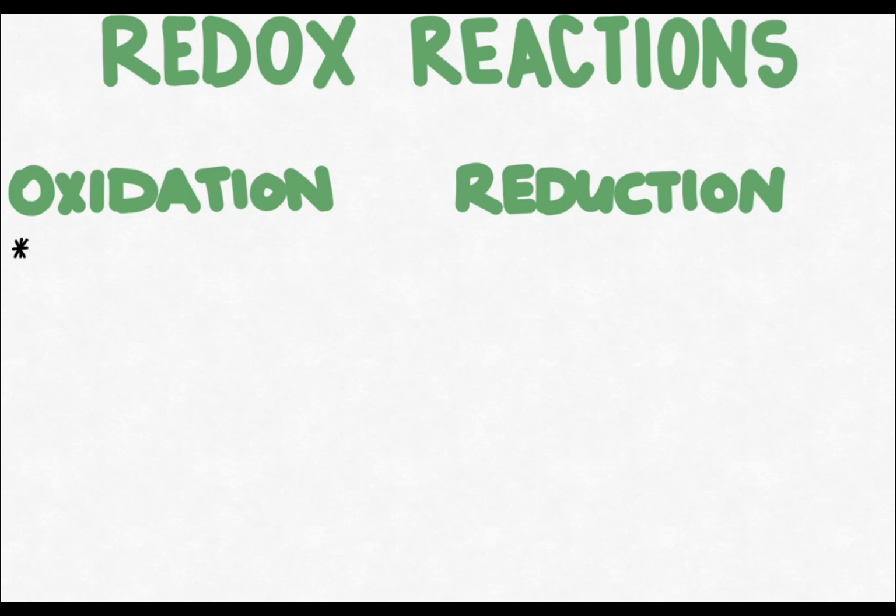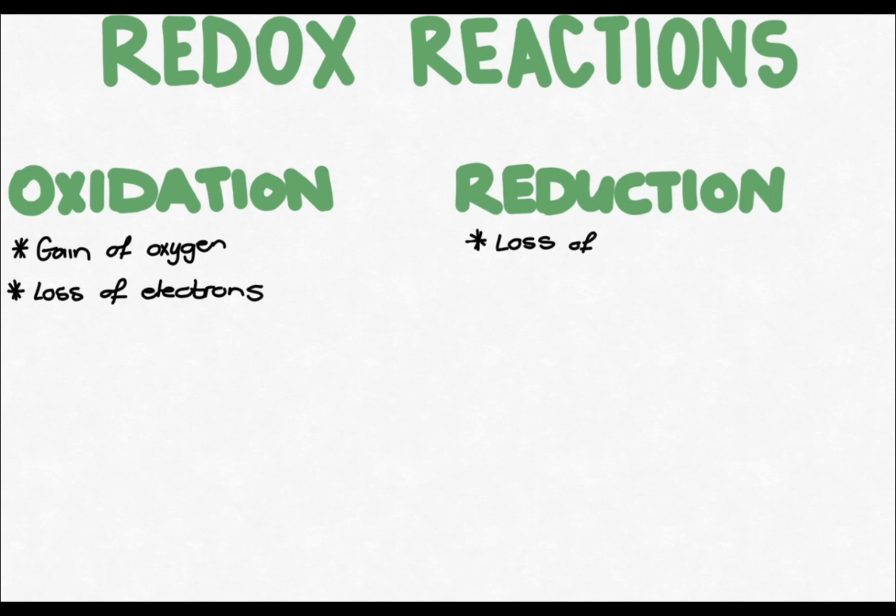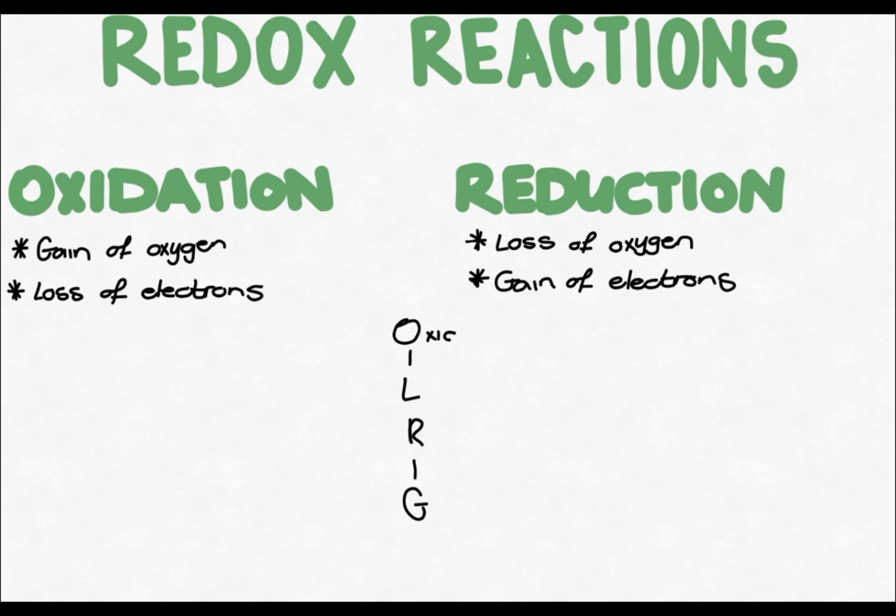Oxidation reactions refer to reactions that gain oxygen or lose electrons, whereas reduction is the loss of oxygen or the gain of electrons. An easy way to remember this is OIL RIG, which stands for oxidation is loss of electrons and reduction is gain of electrons.